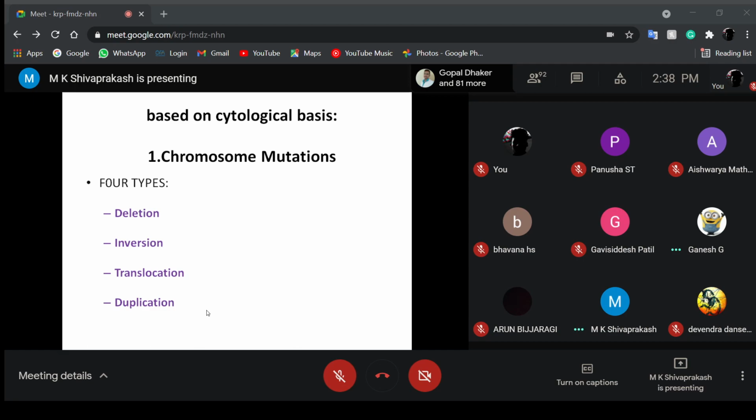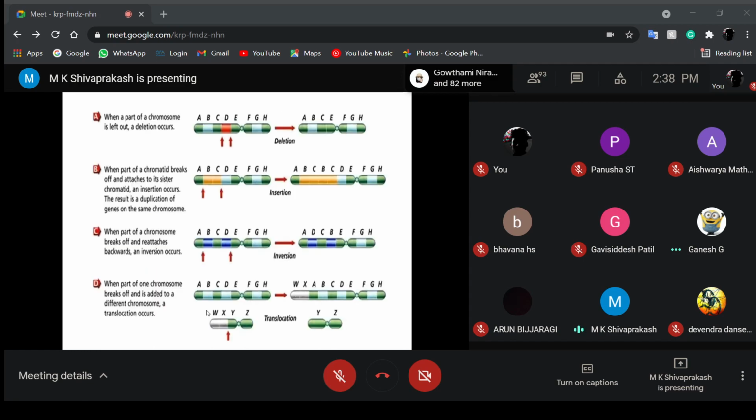There are four types of chromosomal mutation that may occur: deletion, where a part of the chromosome may be deleted, inversion, translocation, and duplication. In the next pictures, we will try to see.